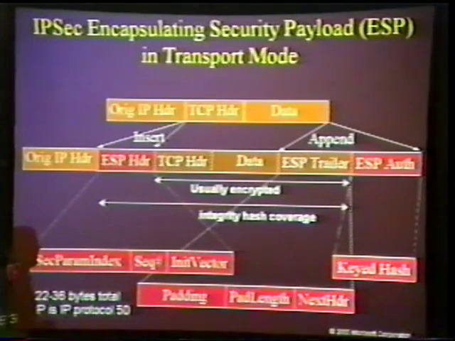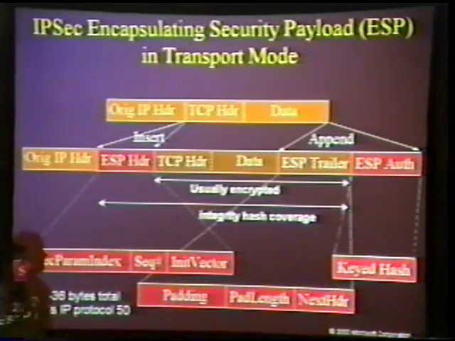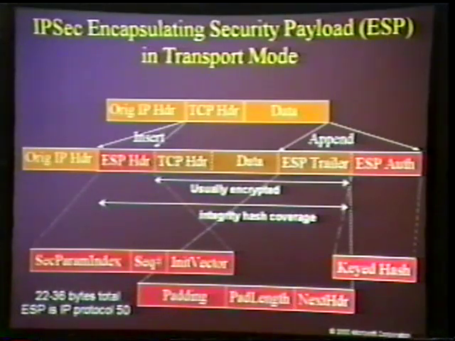The security parameter index: when you do the negotiation in IKE, which we'll show more later, you have to agree on a whole bunch of parameters, algorithms, and primarily the keys that are used to encrypt the data. So there's really no indication when you're looking at the packet what algorithms were used to encrypt it, or what key size is being used to protect the packet.